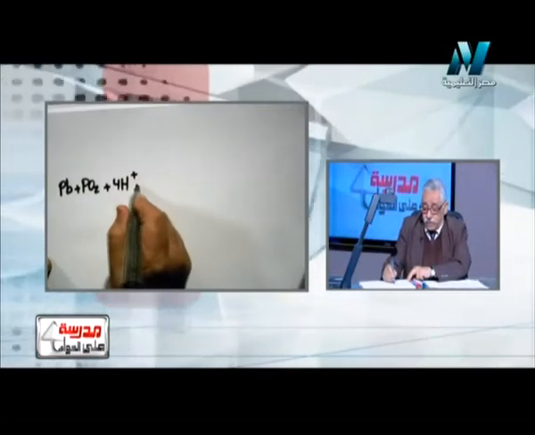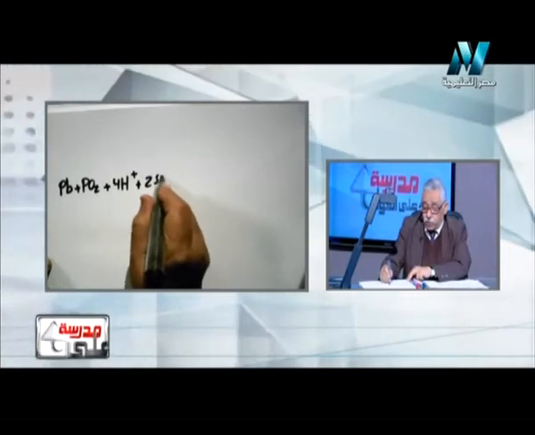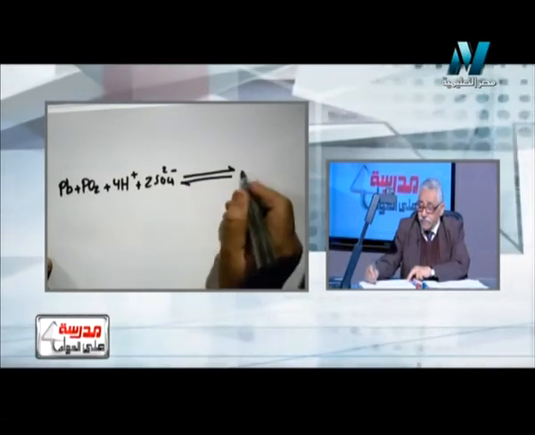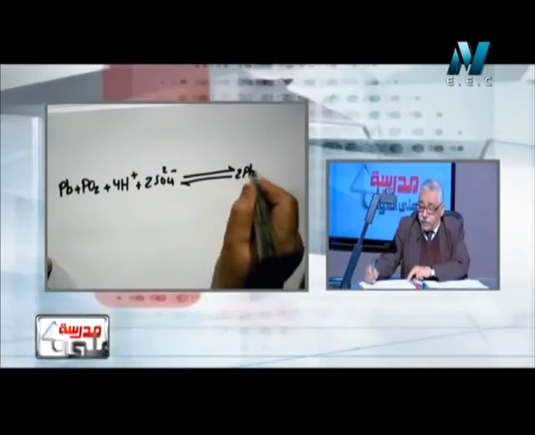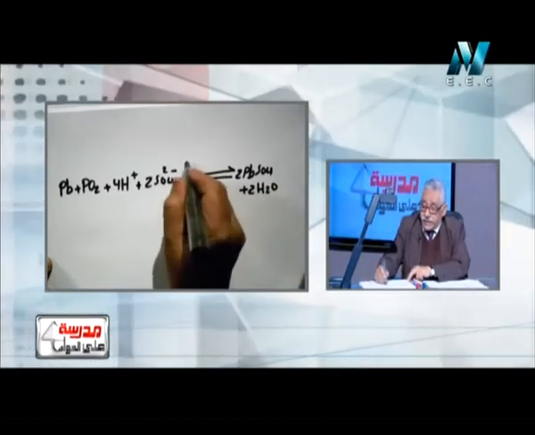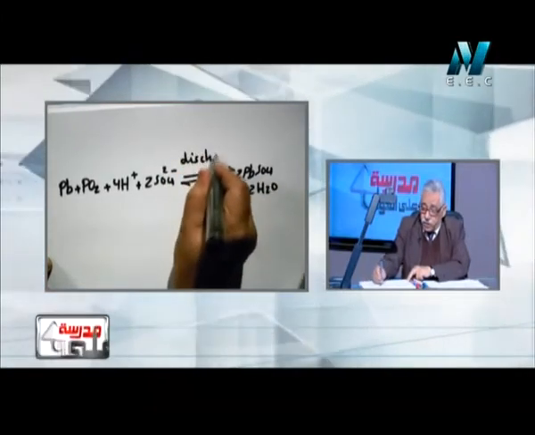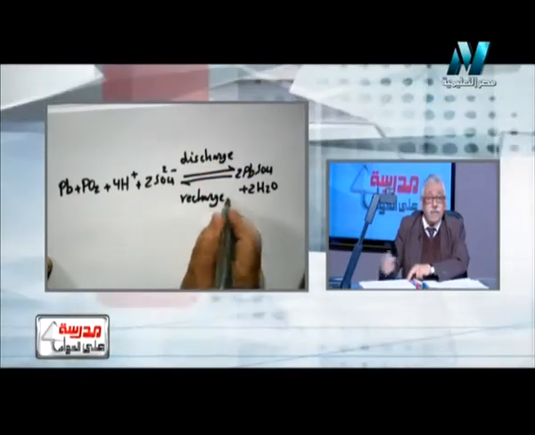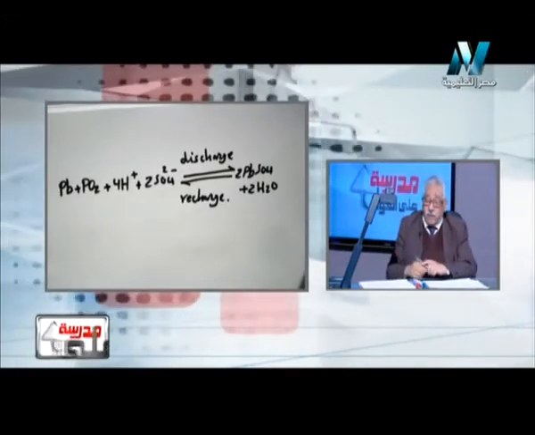We can write these two equations: Pb plus PbO2 plus 4H positive plus 2SO4 negative 2 gives 2PbSO4 plus 2 water. Here discharge, and here recharge. This is about the car battery.